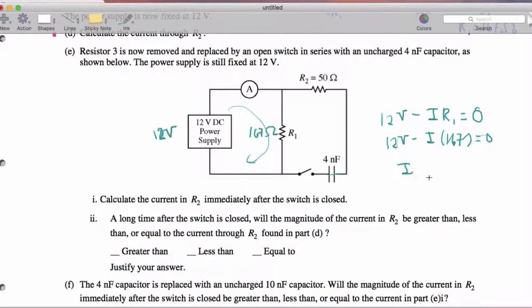So the current through R1 is 12 divided by 167, which is 0.071 amps. They didn't ask for that, did they? I did the wrong part. They asked us for the current through R2. So I through 2 similarly is going to be 12 over 50. And that's going to give us 0.24 amps.